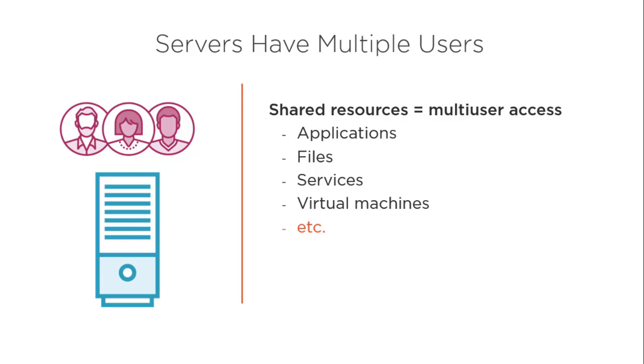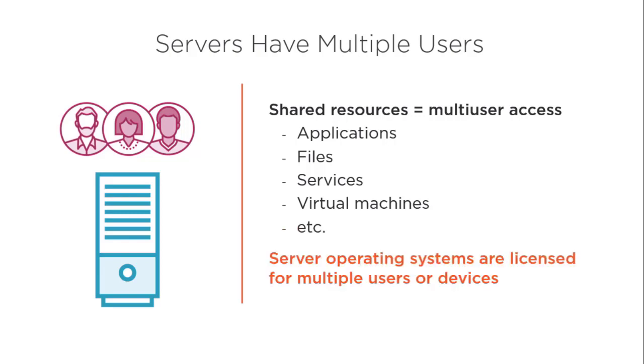For example, if we access an application like Gmail, it is accessed from a server. At the same time we can share a file from a server. We can also use web hosting services like email service from the server. The server also offers virtual machines, accessed by multiple users. Basically multiple users access the same resources at the same time.